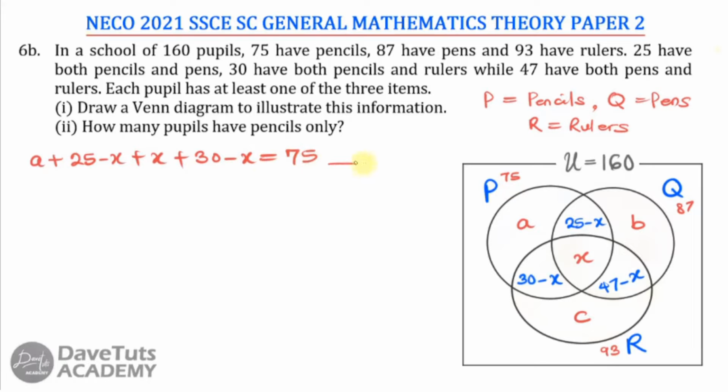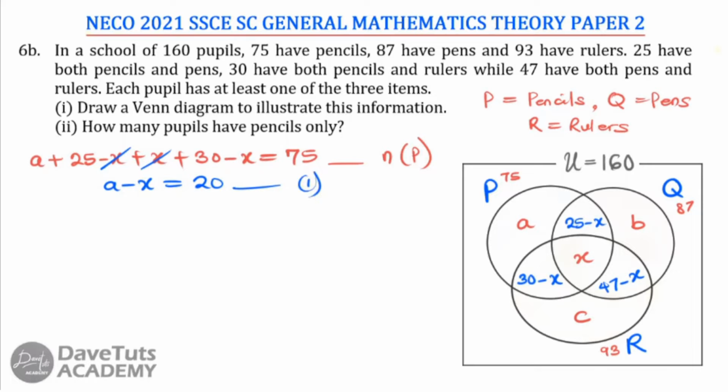If we look at this critically, we can see that minus X and plus X will cancel out. So we have A minus X, 25 plus 30, that is 55. When 55 moves to the other side, we have 75 minus 55. So this will be equal to 20. I can call this my equation 1.